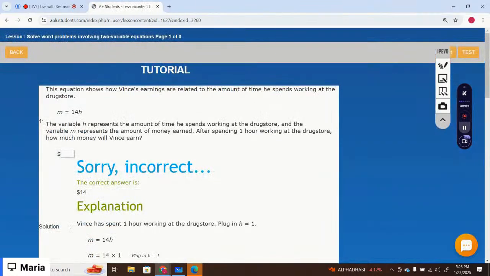This equation shows how Vince's earnings are related to the amount of time he spent working at the drugstore. M equals 14h. The variable h represents the amount of time he spent working at the drugstore, and the variable m represents the amount of money earned. After spending 1 hour working at the drugstore, how much money will Vince earn? So, which is the correct option?